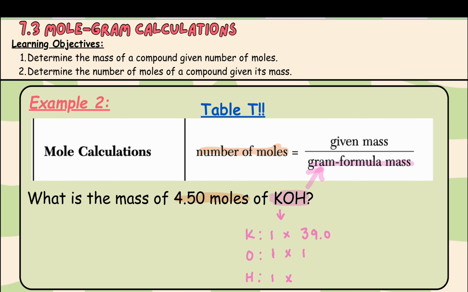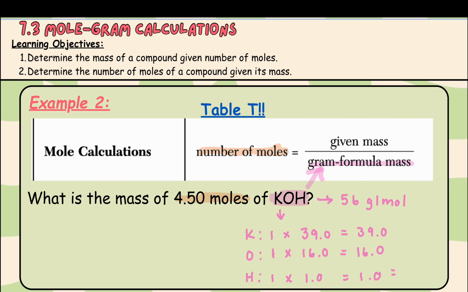The mass of oxygen is 16. And the mass of our hydrogen is 1. And again, I looked these up using my periodic table. So we're going to add 39 plus 16 plus 1, and we get that the gram formula mass of potassium hydroxide is 56 grams per mole.